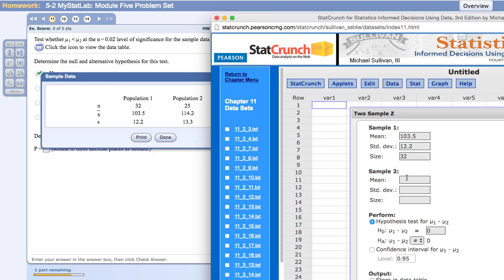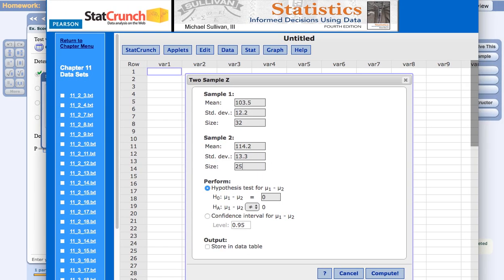Then we do that for the second sample. The mean is 114.2, the sample standard deviation is 13.3, and the sample size n is 25.